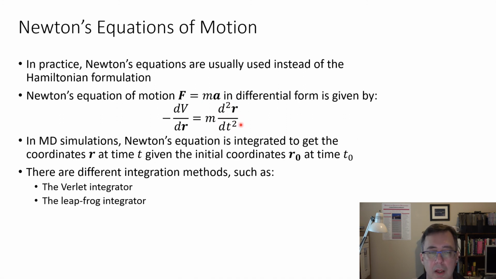And in MD simulations, what you do is you solve this equation numerically, and that allows you to go from coordinates r at some given time to future coordinates at some future time.